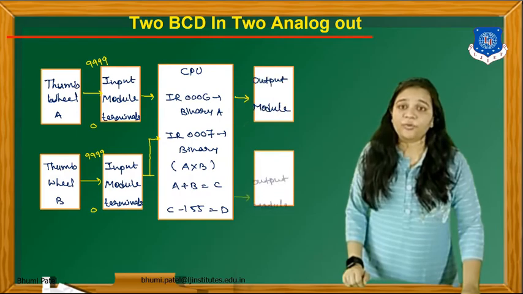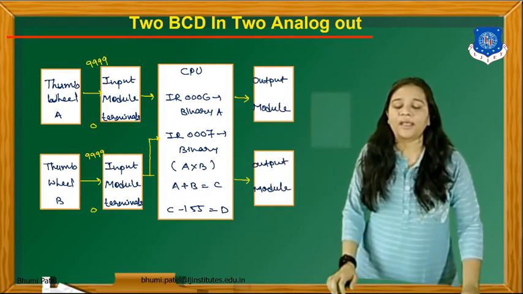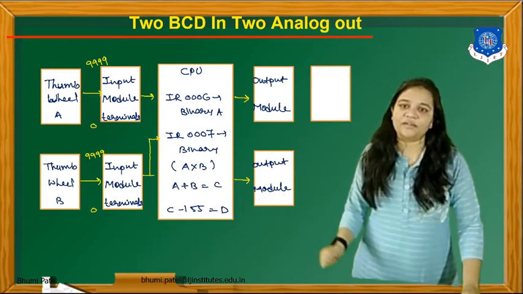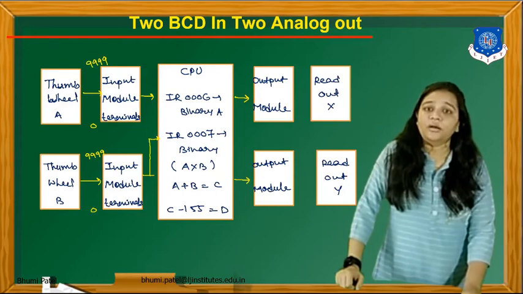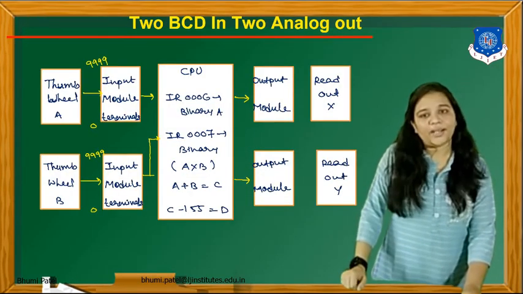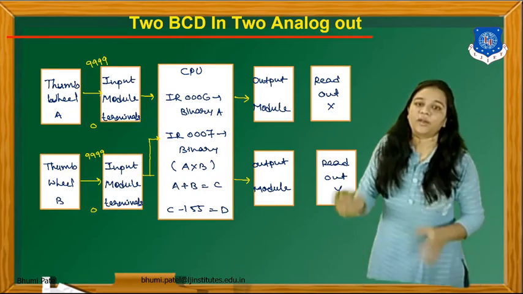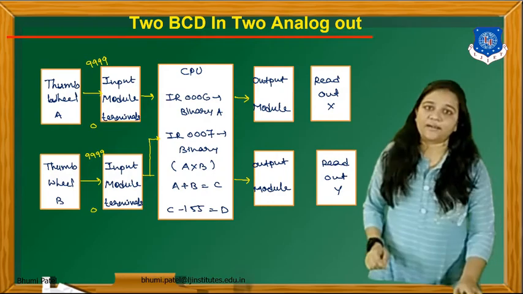So the first output module will be the multiplication of A and B, and the second answer will be C minus 155, that is equal to D. So you have to take the binary number and give it to the readout X and readout Y. Readout X is my first analog out and the readout Y is my second analog out.